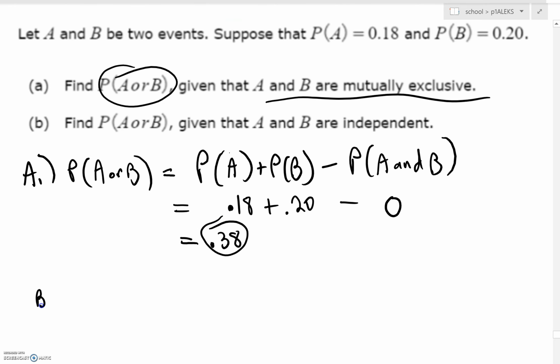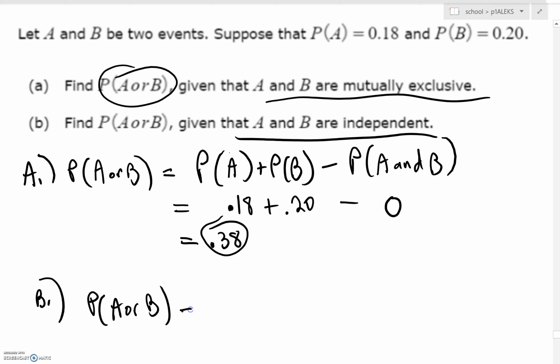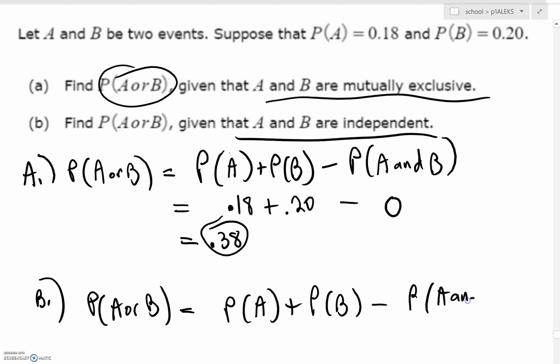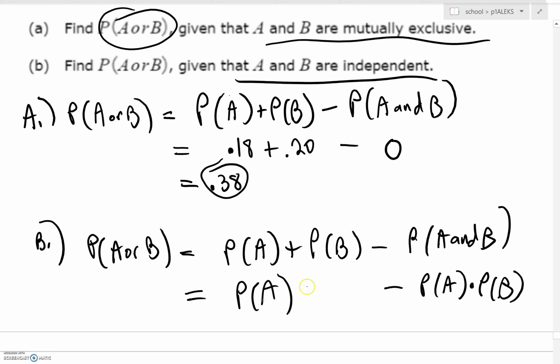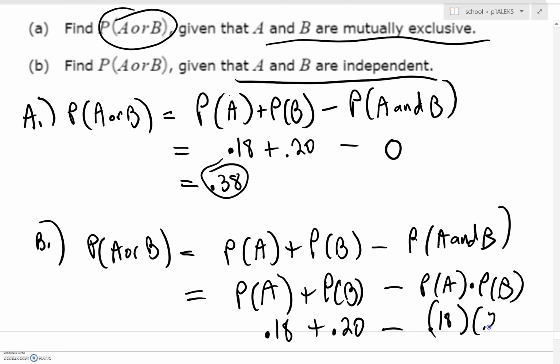So from here, we're going to assume that we've got independent events. So A or B, we still have this same formula. But for independent events, we saw from the previous section that was the probability of A times the probability of B. So what you're going to have, plain and simply, is 0.18 plus 0.20 minus 0.18 times 0.20.